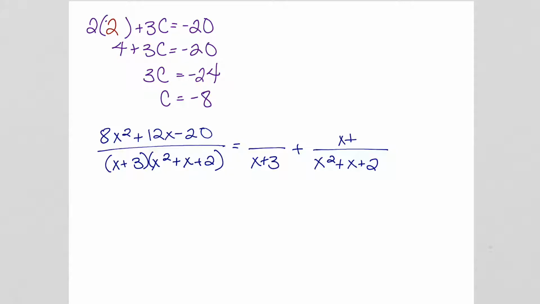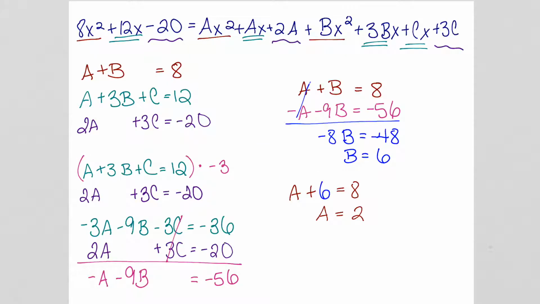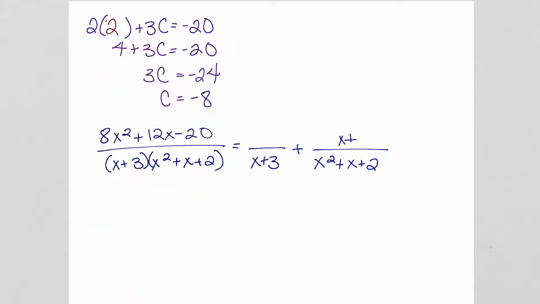And we got to plug in A, B, and C. So let's see, what did we have back there? A was 2 and B was 6. And C is negative 8. So I'm going to go ahead and get rid of that plus there. And just write negative 8. And we have now completed example number 3.